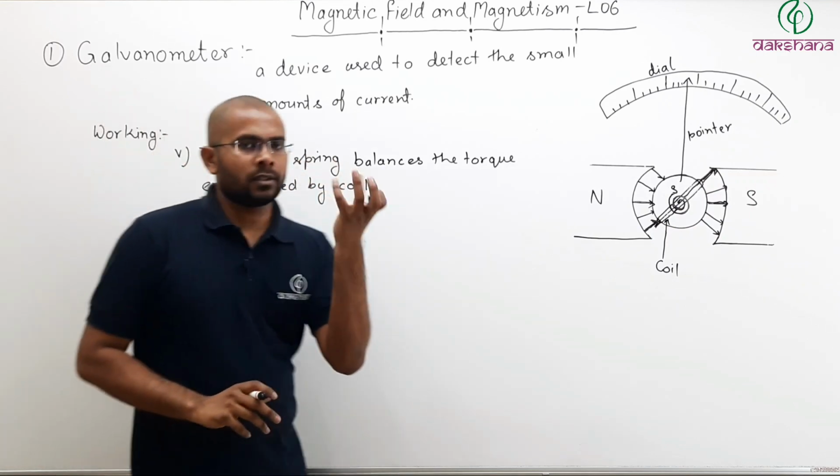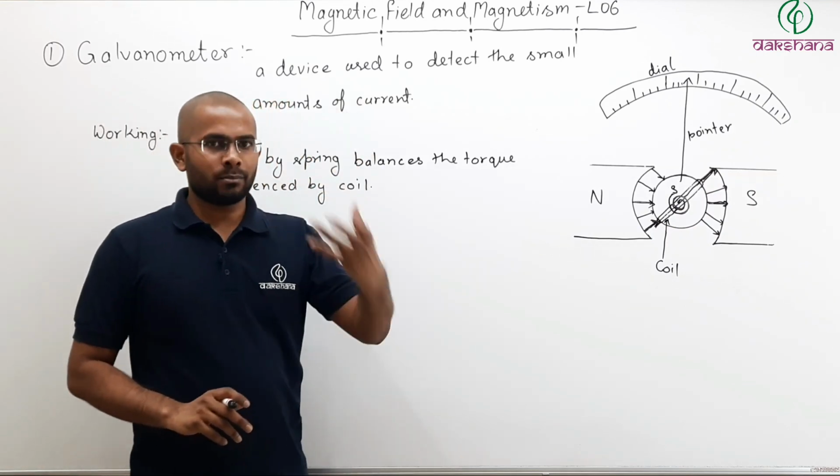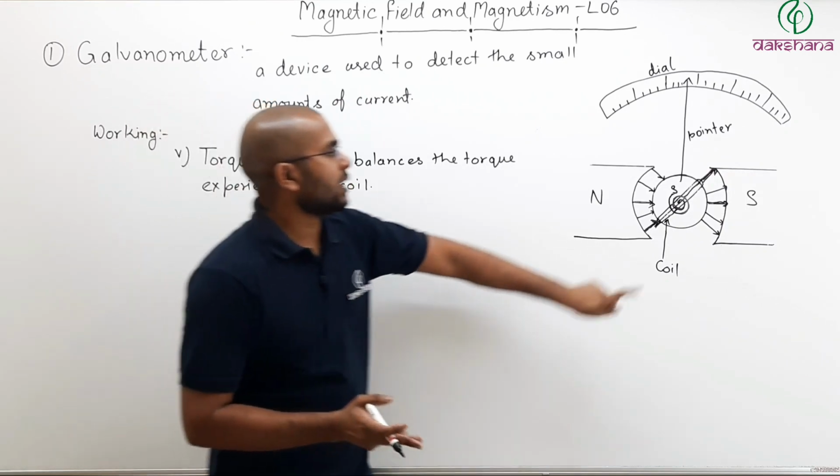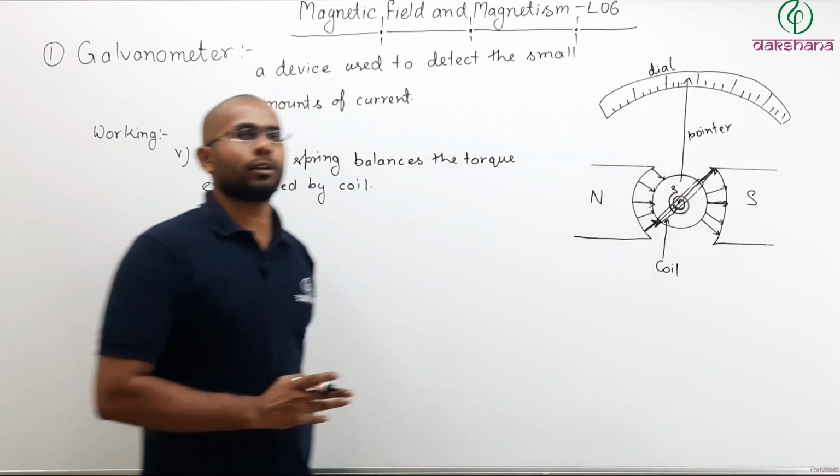So the spring torque, or the straight wire in some books, balances the torque applied by the magnetic field on your coil.